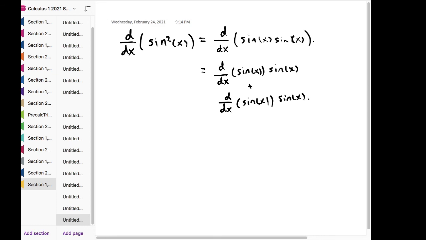So derivative of the first times the second, plus derivative of the first times the second. So this is cosine sine plus cosine sine. That's 2 of them, 2 cosine sine. What is 2 sine cosine?